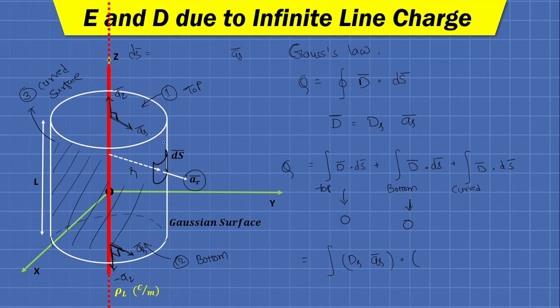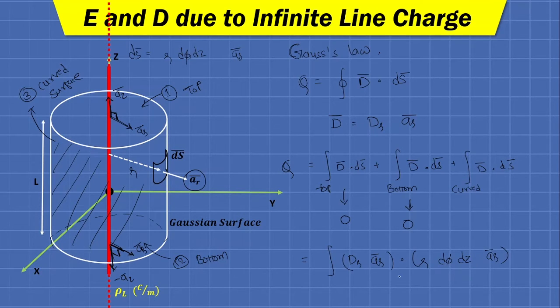So it will span in the phi and z directions, so d phi and dz. But this difference in angle must be lateral, so we will multiply the radius with this d phi. So dS equals r d phi dz AR bar.